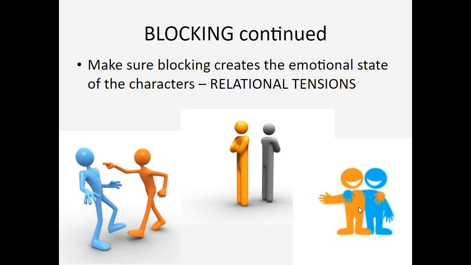The climax then becomes super important. Look at these pictures here. You've got these two people, one accusing the other. Then in the middle, they're not even talking. And then at the end, they've resolved their differences. So that takes you through that arc of that dramatic structure that we've all talked about. Your blocking needs to represent what's happening in your script.